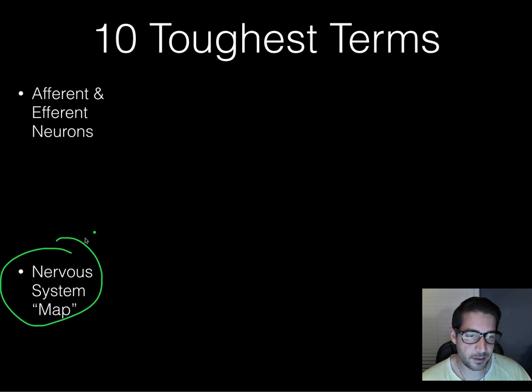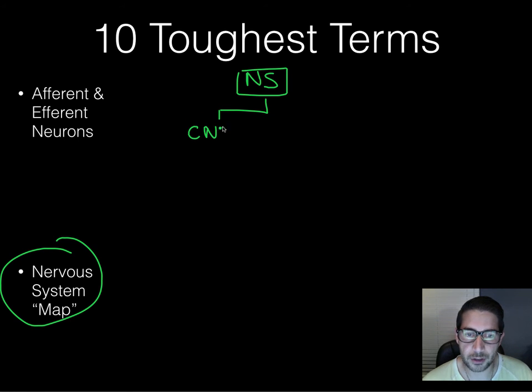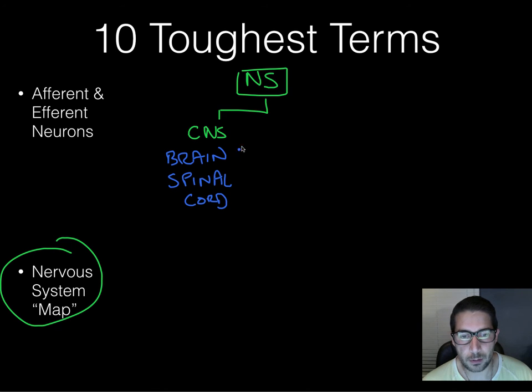Next is the nervous system map. Like I mentioned before, you should really be able to map this out in your sleep. So the first thing we've got here is your nervous system is divided into two. Your central nervous system, which is composed of the brain and the spinal cord, right?